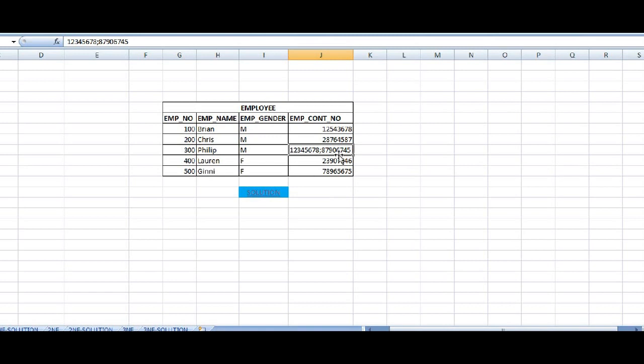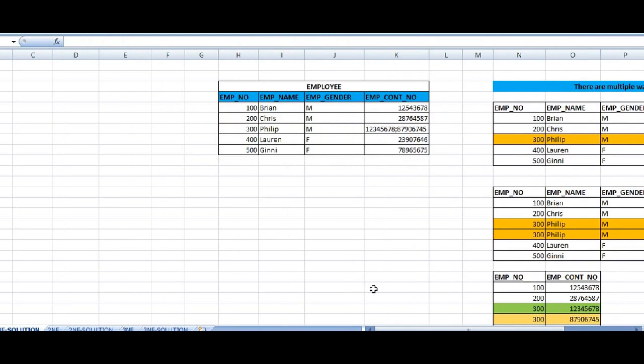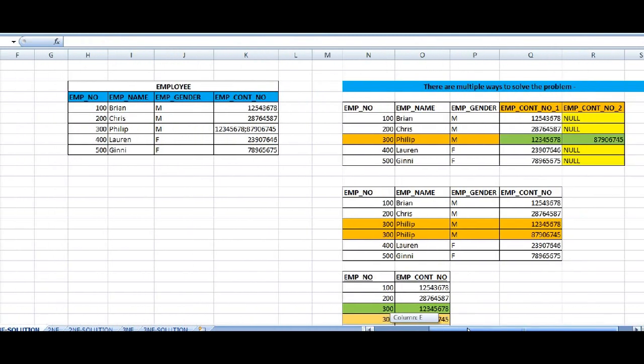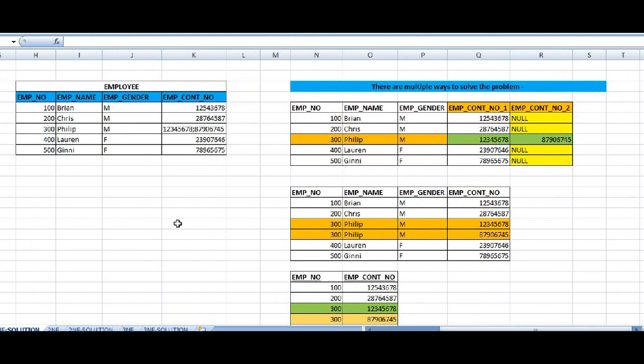Now, let us go to the solution to see how we can achieve this. Let me click on it. So yes, there are multiple ways to make it 1NF compliant. Let us go one by one.